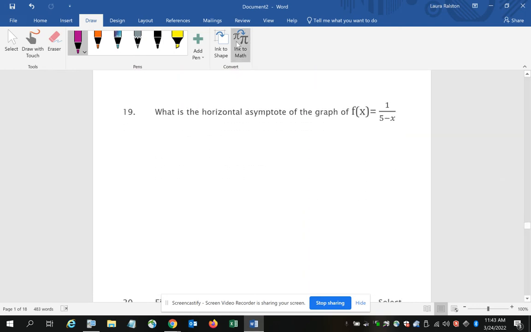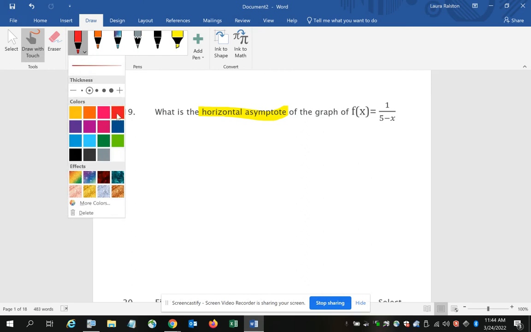All right, 19 asks you to determine the horizontal asymptote. Okay, again, it's important that you pay attention and note that you're looking for the horizontal asymptote.